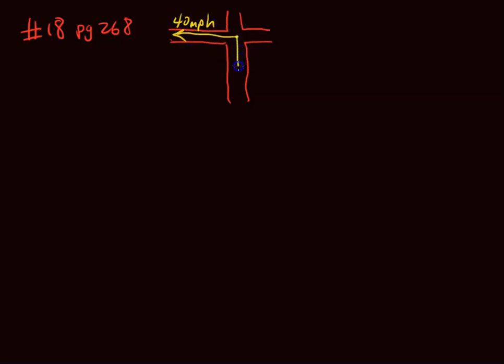The one heading south is going 30 miles per hour. The distance between the two cars is going to be that hypotenuse. Okay. We'll call this distance d, but we need these legs first. So they say, express the distance d between the cars as a function of time t. So t is the time the cars have traveled.